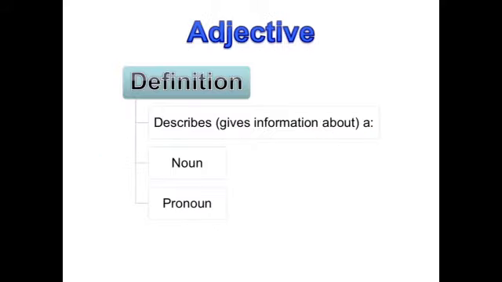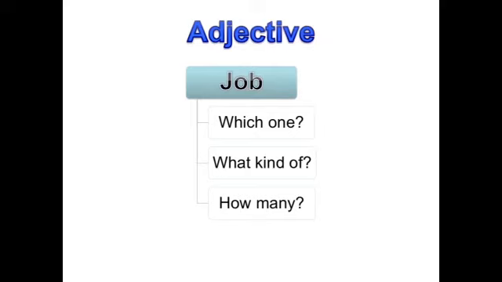Adjectives. The definition of an adjective is: describes, gives information about either a noun or a pronoun. So you're going to be giving me information about either one of those. What is the job? Well, it's going to tell us either which one, what kind of, or how many.